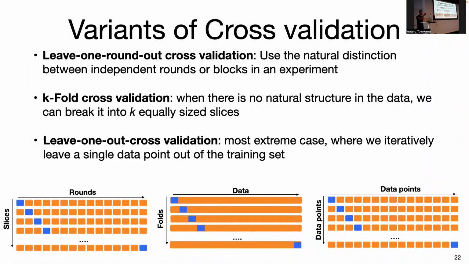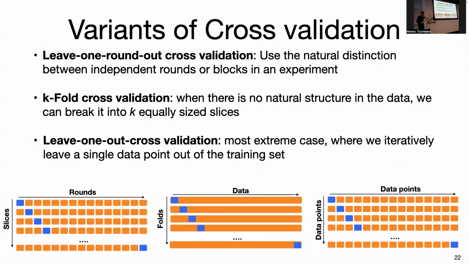There's a question here. Let me pass the microphone. Why do we not leave out a proportion of the data set rather than a single data point or a round? Yeah, if there's no structured round, then we create arbitrary slices.